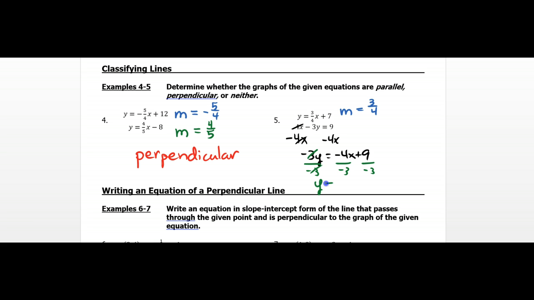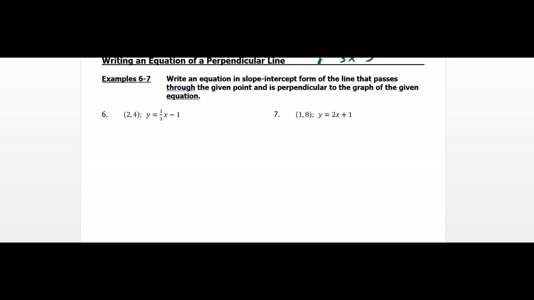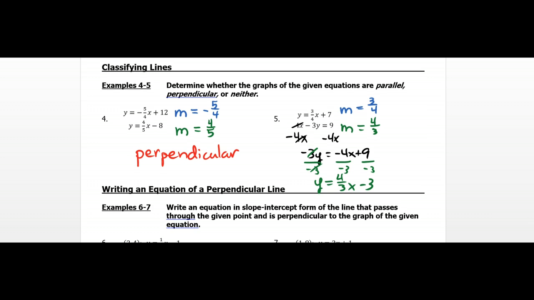So this equation becomes y equals +4/3 x minus 3, so the slope of this line is +4/3. At first glance, it might be easy to say that these two lines are also perpendicular, but keep in mind, perpendicular lines have to be not only reciprocals, which 3/4 and 4/3 are, but also opposites of each other. 3/4 and 4/3 in this case are both positive. Because both of those slopes are positive, these are neither perpendicular nor parallel, so we're going to say neither for this one. In order for two lines to be perpendicular, the slopes have to be both reciprocal and opposite of each other.